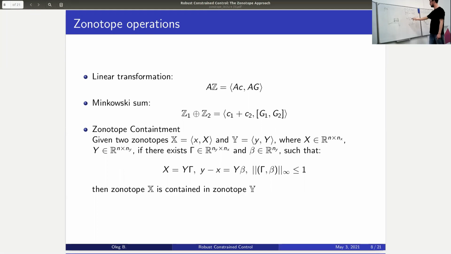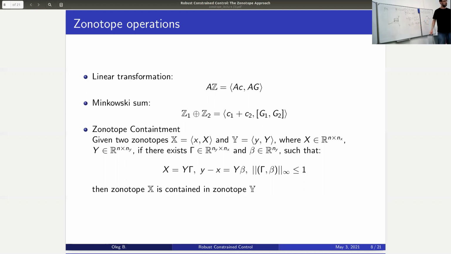Very often we describe our Zonotope P as center x and generator J, and we get A times center and A J. That's all. Very easy form.